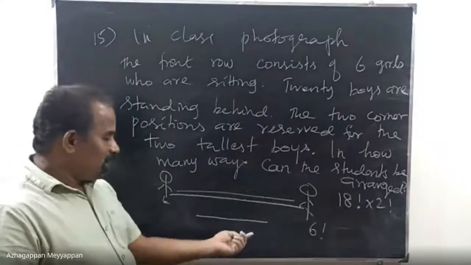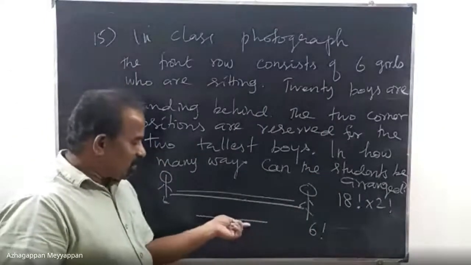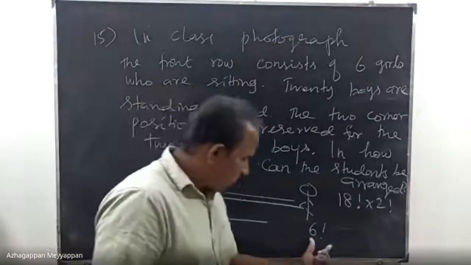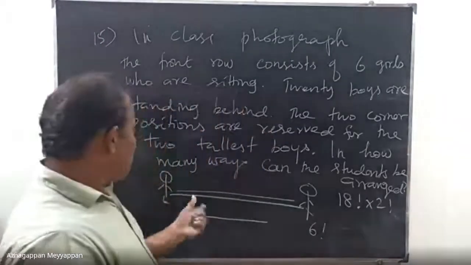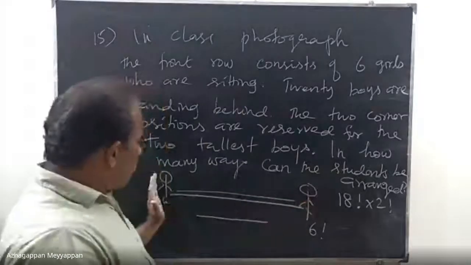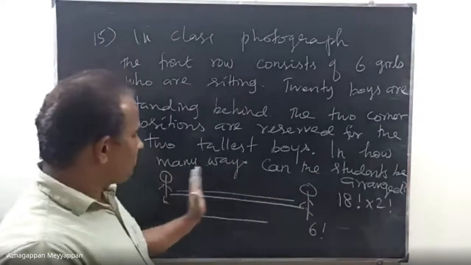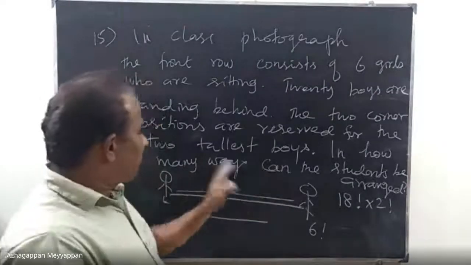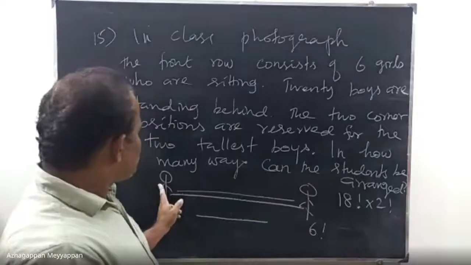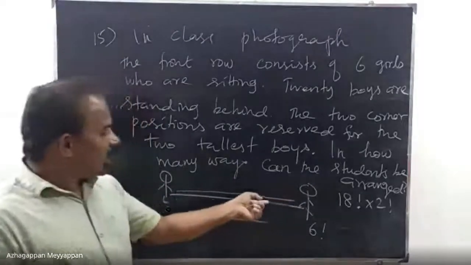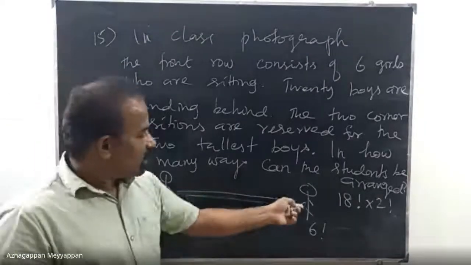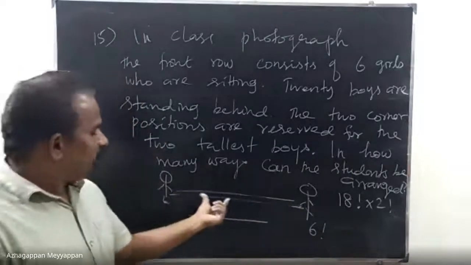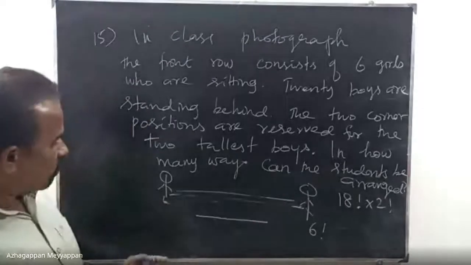Understood? Front row there are 6 girls sitting. So what are the possible ways? 6 factorial. Here, back row, there are 20 boys. The corners, the 2 tallest boys are standing. The remaining 18 persons are sitting in the remaining 18 chairs in this row.